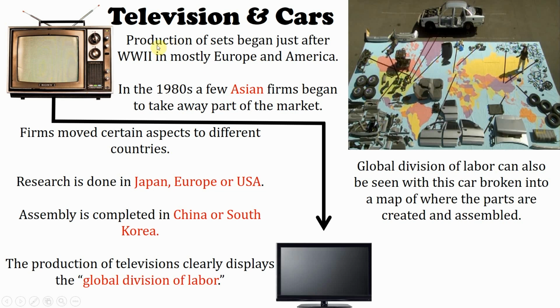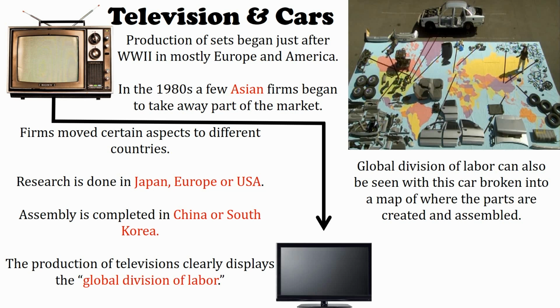So television took off right after World War II in the 50s. Most people started getting television, and it was all made in Europe and America. But in the 80s, a few Asian firms began to break into the market because they were beginning to industrialize. They wanted to take a part of the sector and some of the money, right? TVs are a hot commodity. The average family has 3 TVs.